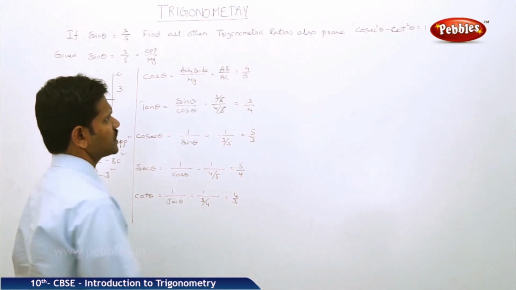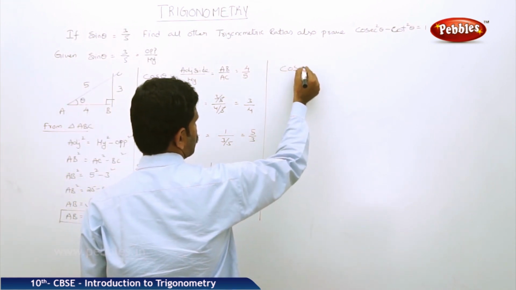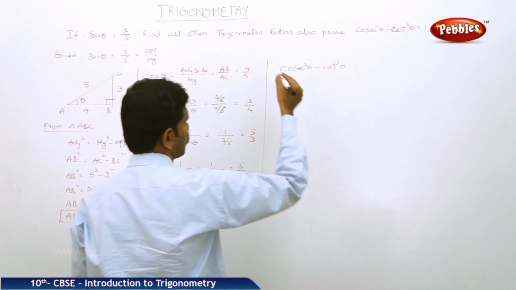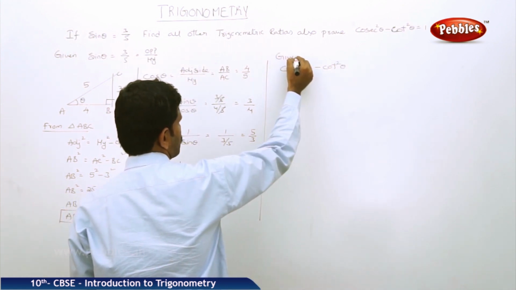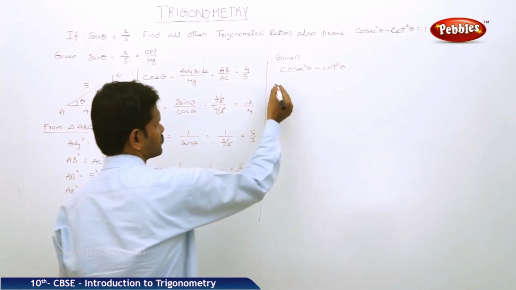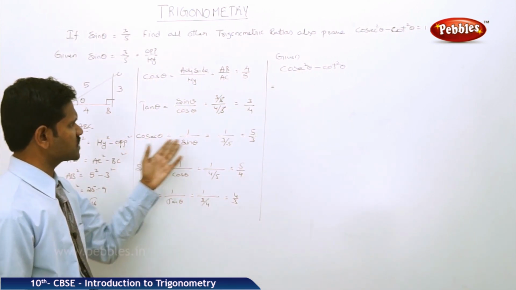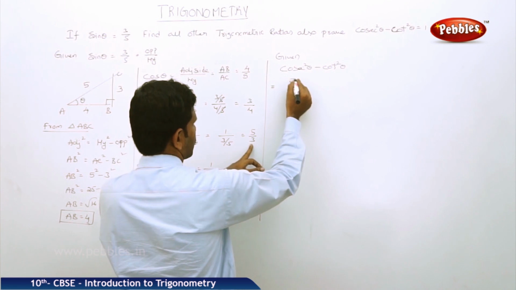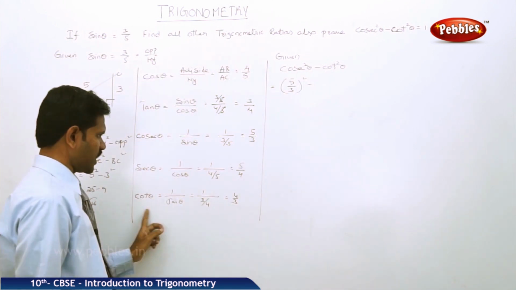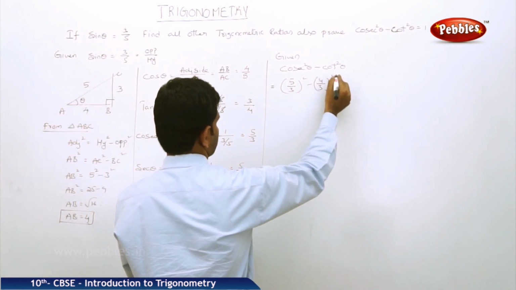One more part is left: to prove that cosecant square theta minus cot square theta is 1. Take the LHS, cosecant square theta minus cot square theta. The value of cosecant is 5 by 3, whole square, and the value of cot is 4 by 3, whole square.